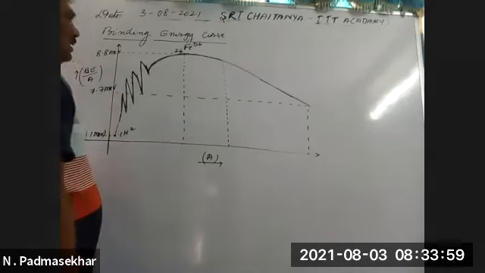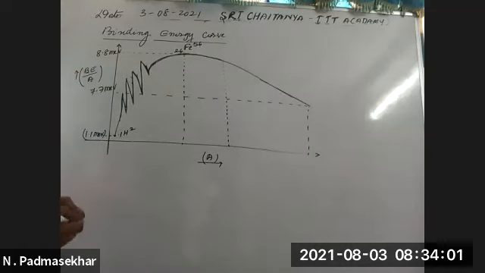So the binding energy per nucleon is directly proportional to stability. More binding energy per nucleon means more stable.